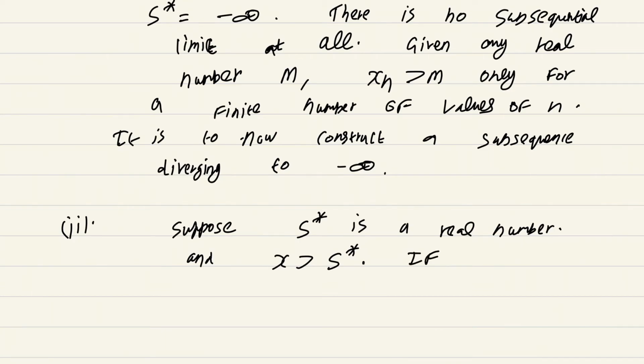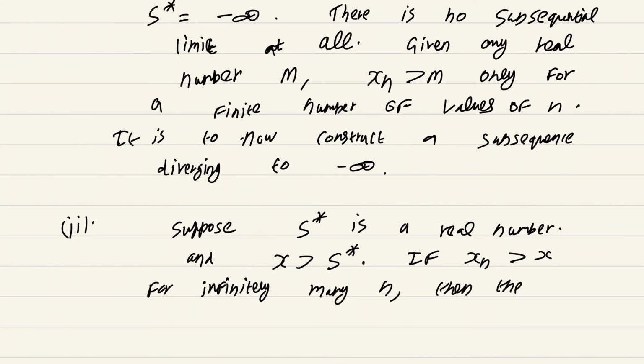Then if xn is greater than x for infinitely many values, infinitely many n, then there is a subsequence. Again, same logic, there is a subsequence xn k which is strictly greater than x for all k, right? Now there are two possibilities.